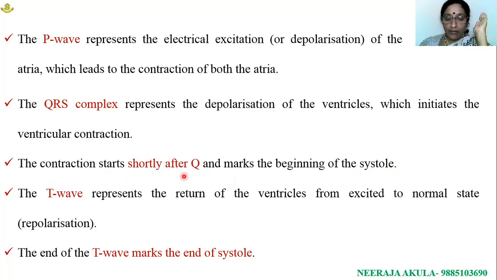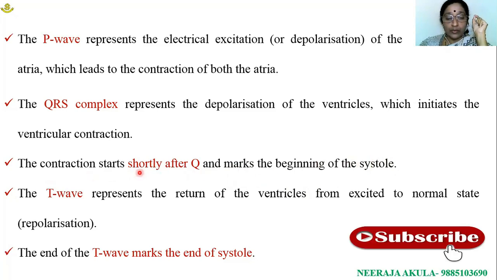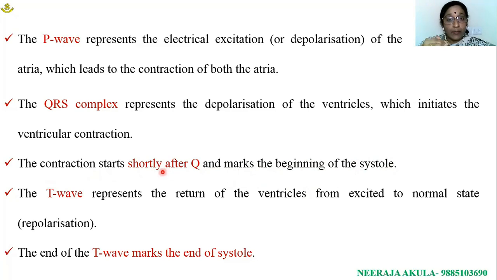Contraction starts shortly after Q and marks the beginning of the systole. This is an area where the student should be cautious while marking. If they ask depolarization of the ventricles, it should be QRS. If they ask contraction of ventricles, the answer should be shortly after the commencement of Q wave.